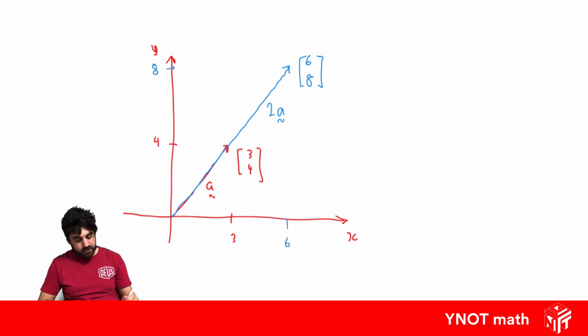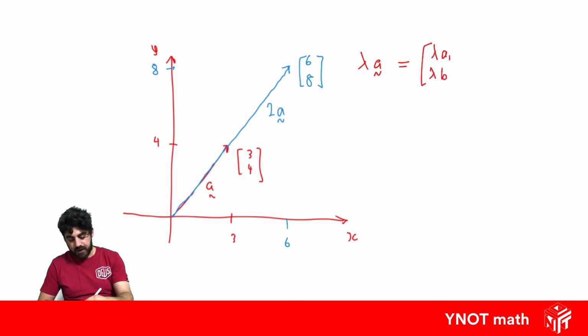And we can generalize this by saying if we take any vector A and multiply it by some scalar, let's say lambda, this is just going to equal lambda of the x component and lambda of the y component of the vector.